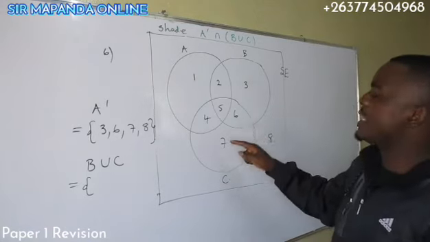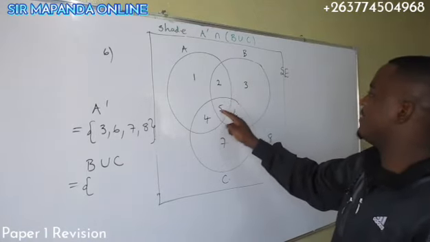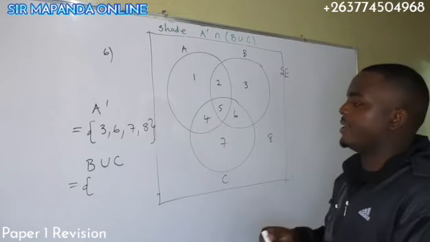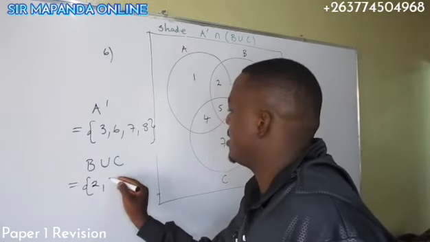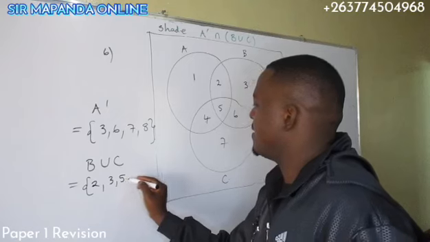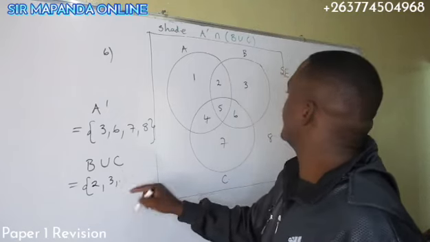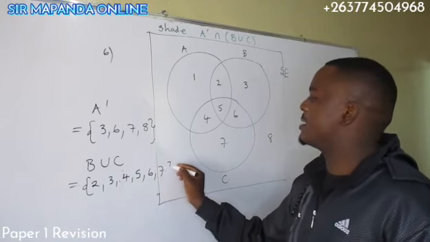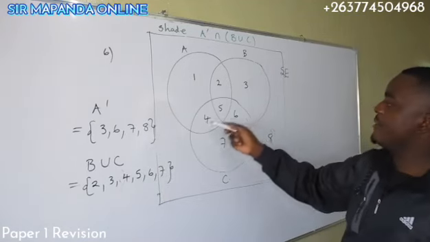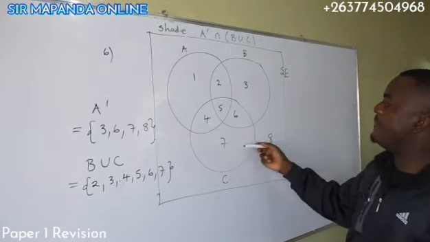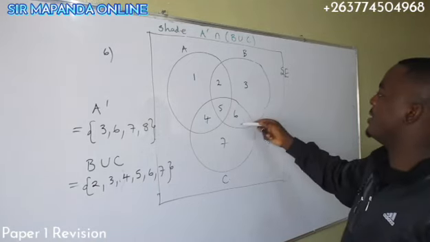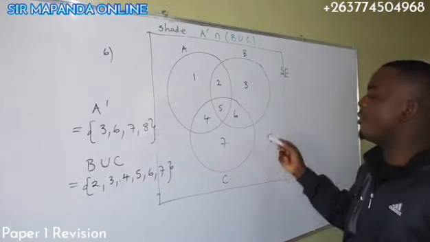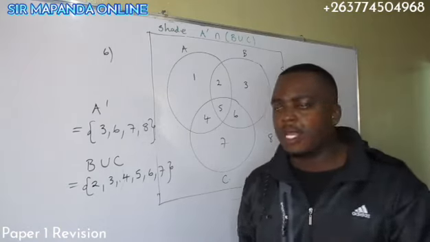So I'm going to generate my set using 2, 3, 4, 5, 6, and 7. So 2, 3, 4, 5, 6, and 7 are the numbers which are found in B and in C combined. I hope you are following, class.